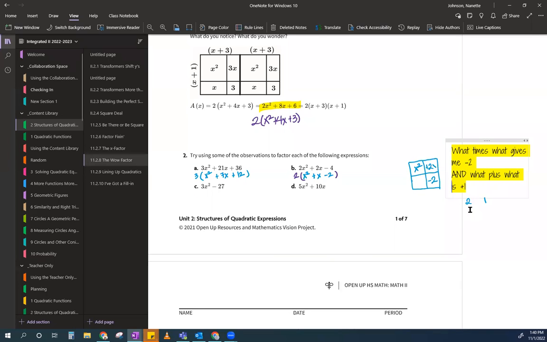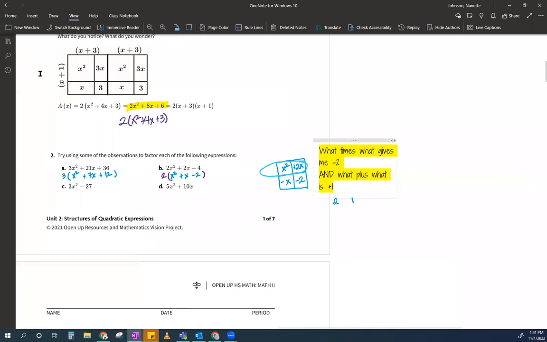And then I'm going to factor, just like I did before. I say, what's the biggest thing I could take out of x squared and 2x? Very good. Someone said x, Miss Johnson.